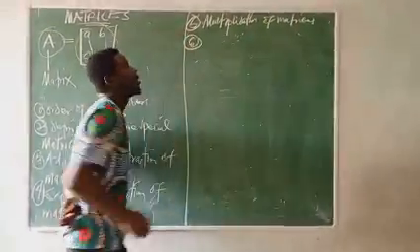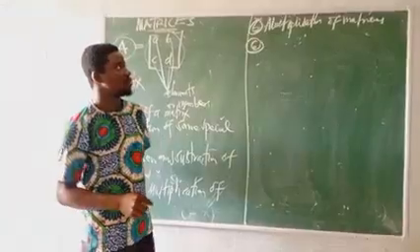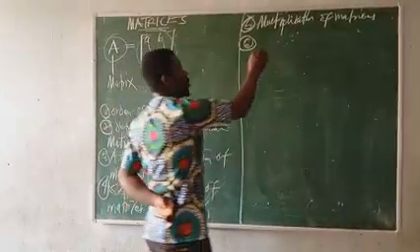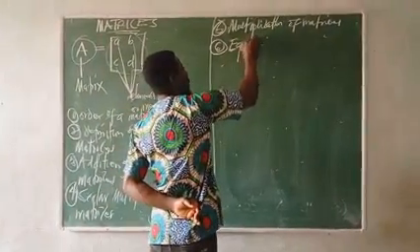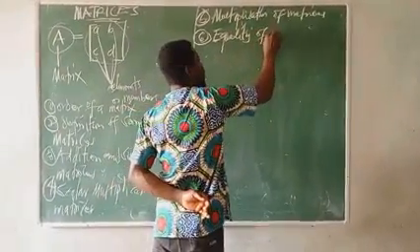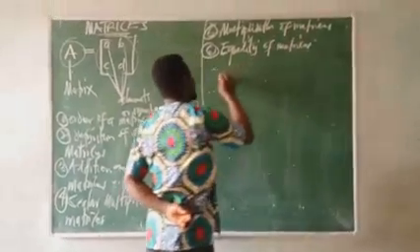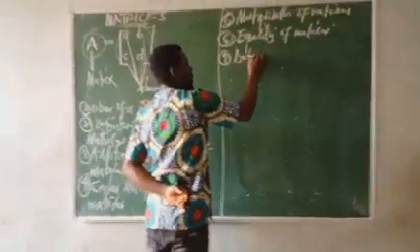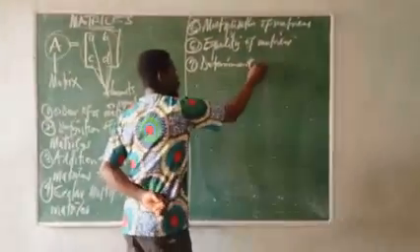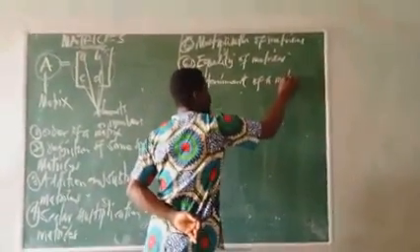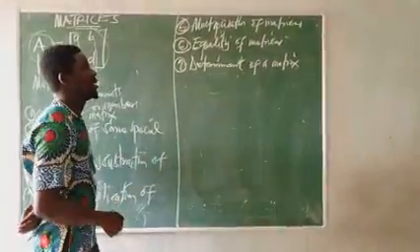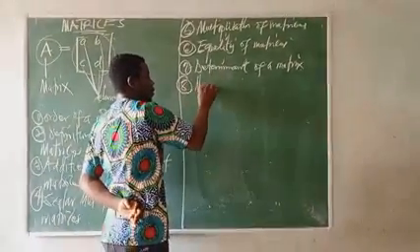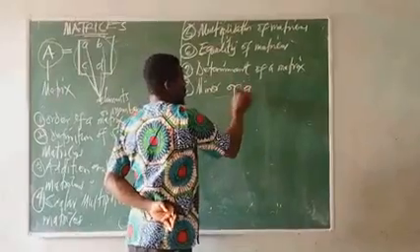And then six, after multiplication of matrices, that's equality of matrices. And then from here, we look at determinants of a matrix. After that, we talk about minor of a matrix.